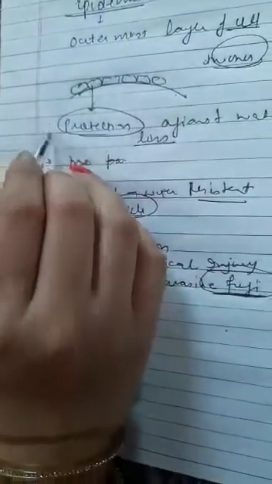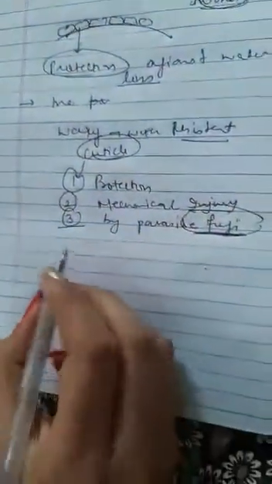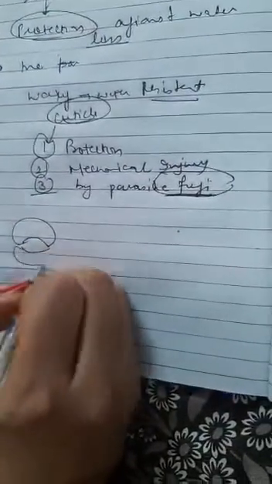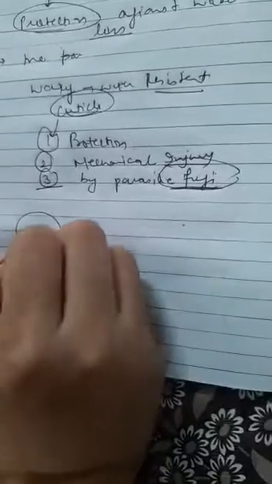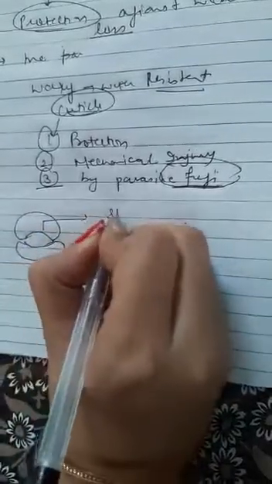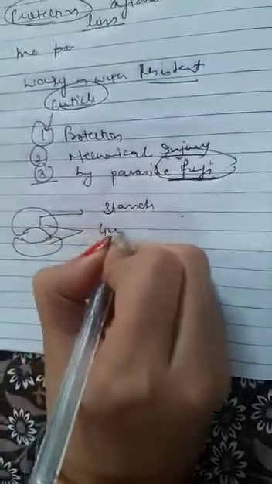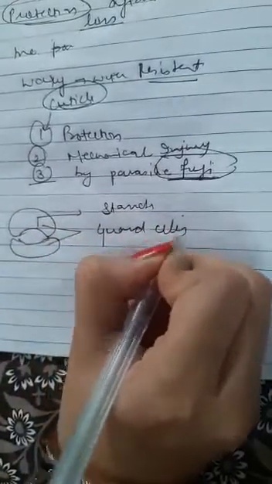Here we have noticed pores, and small kidney-shaped cells are also present. These pores are known as stomata, each enclosed by two guard cells.